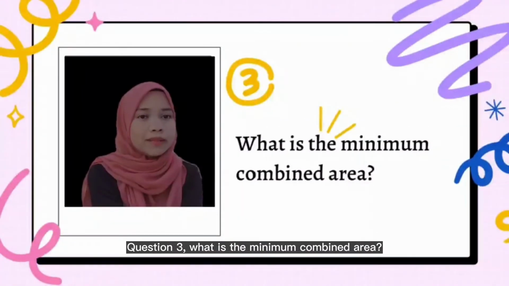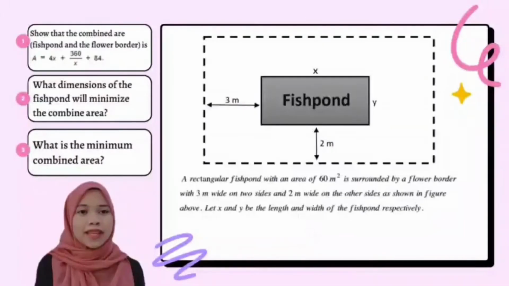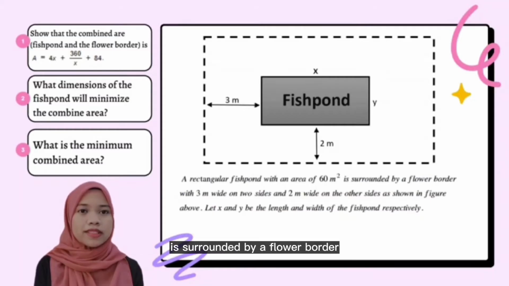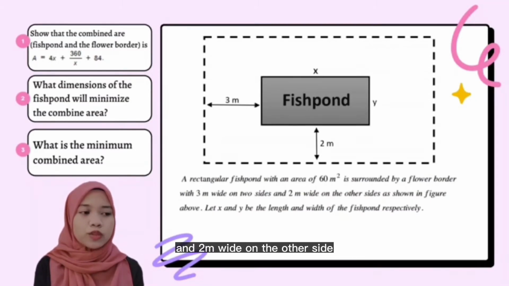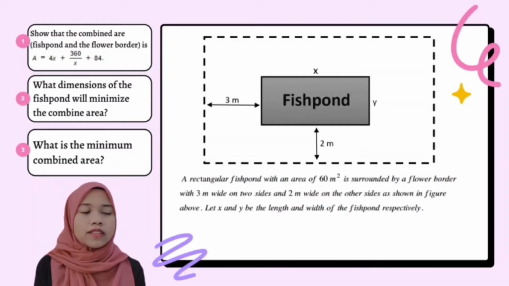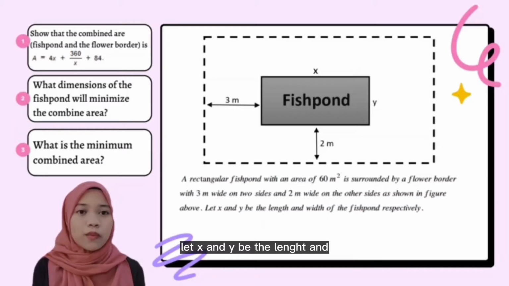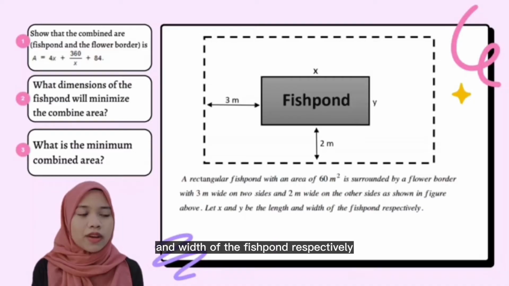What is the minimum combined area? A rectangular fish pond with an area of 60 meters squared is surrounded by a flower border 3 meters wide on two sides and 2 meters wide on the other sides, as shown in the figure above. Let x and y be the length and width of the fish pond respectively.